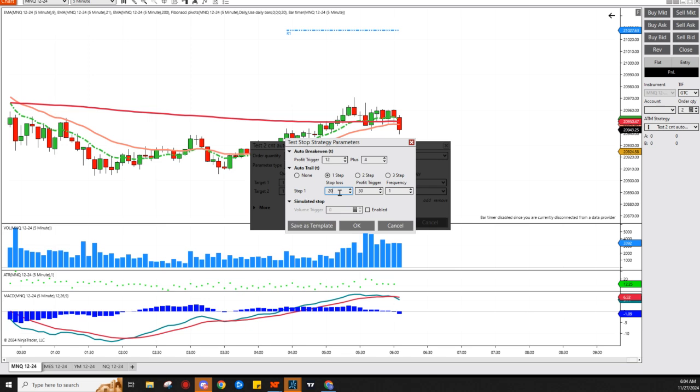Alright, step number 1 will be at 20 points. So as soon as the price action reaches 30 ticks, which is a little bit over $7, because 7 times 4 is 28, so a little bit over $7.